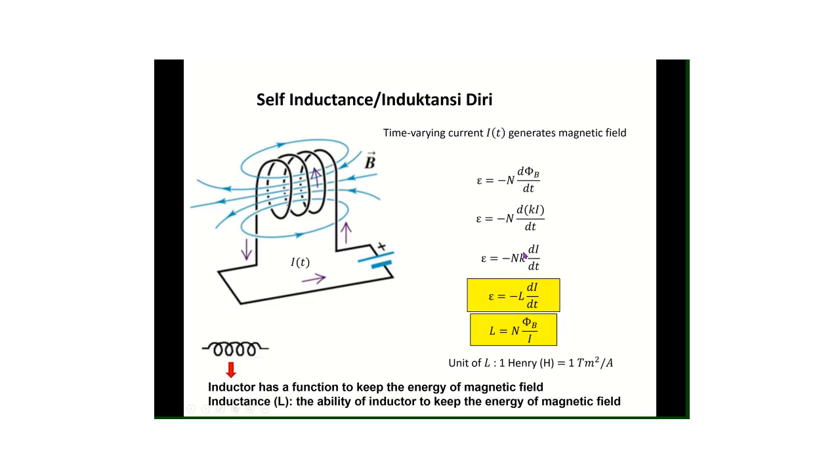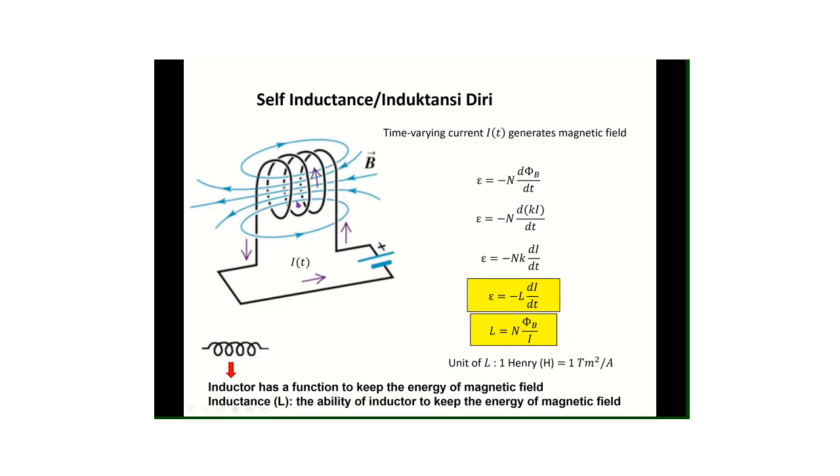Let's say that N K here is equal to L. So for self-inductance, the induced EMF is equal to minus L dI over dt, and L is equal to N flux over I. The unit of L is Henry, or you can also write it as 1 Tesla meter squared over A. We call this L the self-inductance or just inductance.